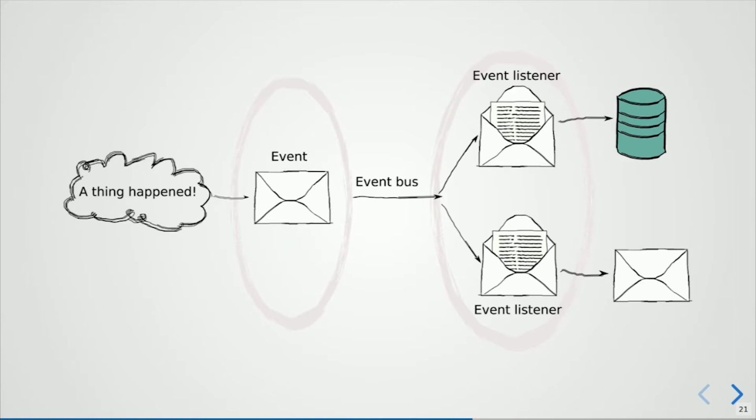So when we want to dispatch an event message, unlike the command bus where every command has to have exactly one command handler, an event has zero or more event listeners. Either someone cares, or no one cares, or many things care about this event happening.